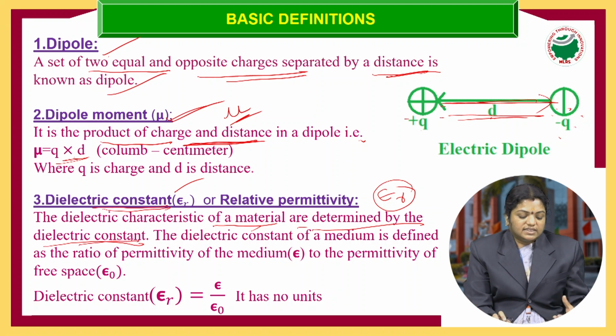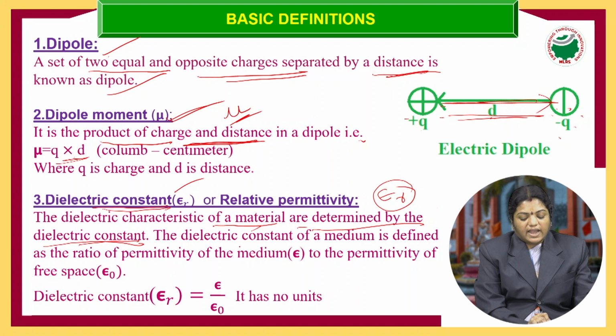So the characteristics of this dielectric material we specify with the very important relative permittivity, indicated with the symbol epsilon R.